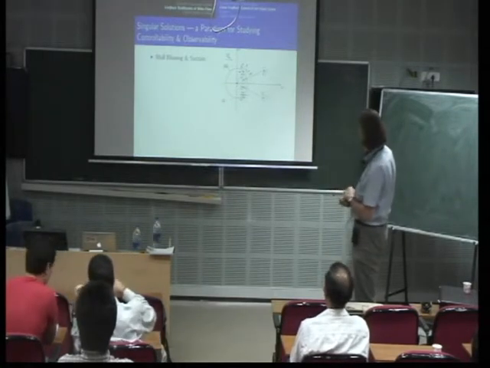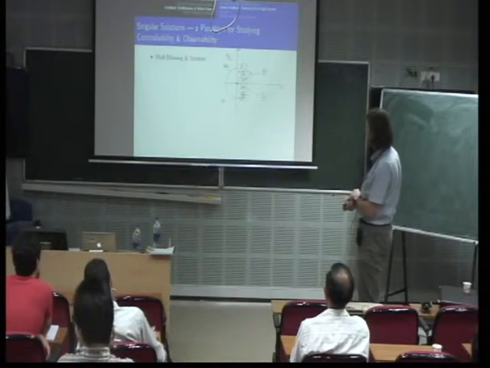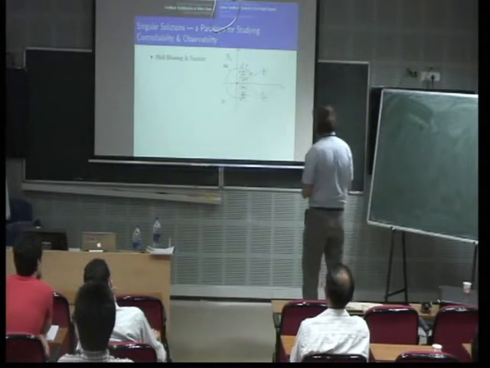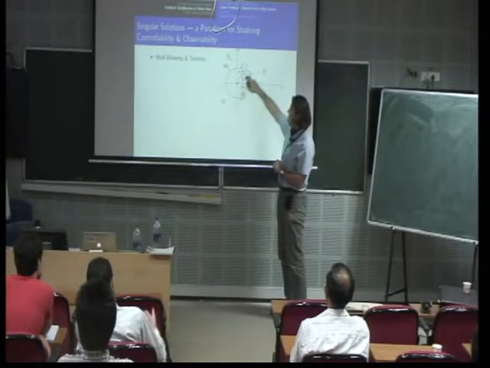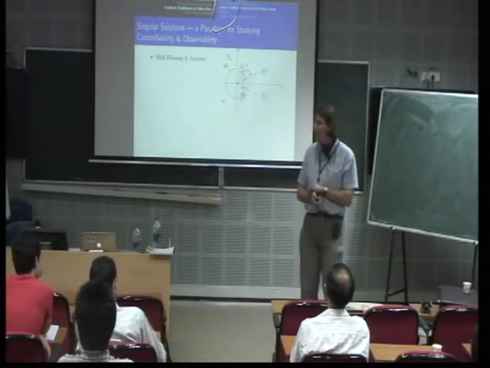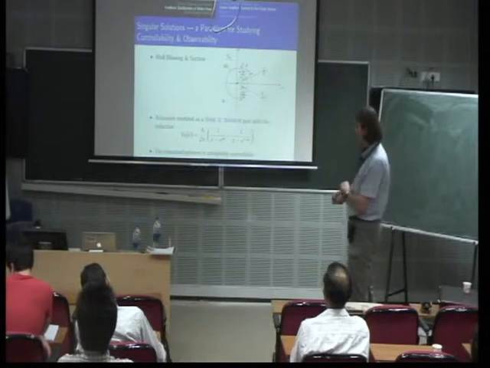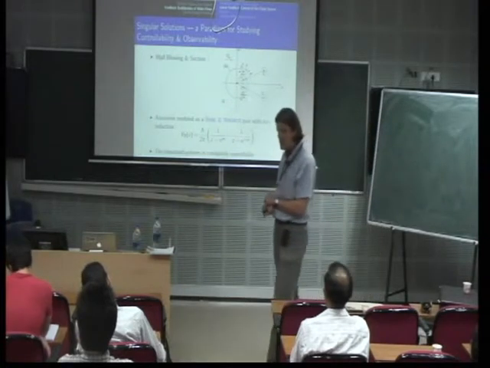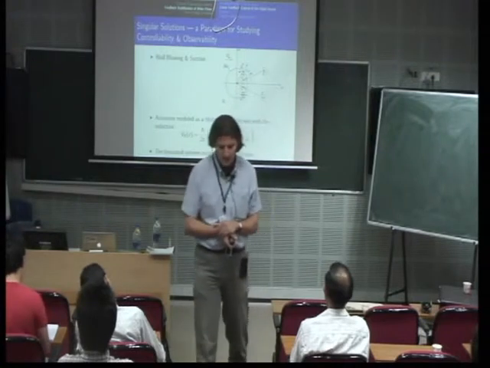And one can ask similar questions as regards controllability for our problem if we use this type of actuation. This can be modeled by placing pairs of sinks and sources, which can be done very easily in the context of potential theory. And when we do this, we actually see that with this form of actuation, the system is completely controllable.